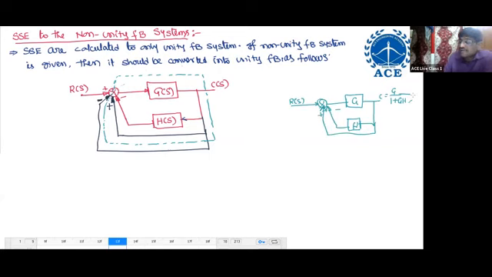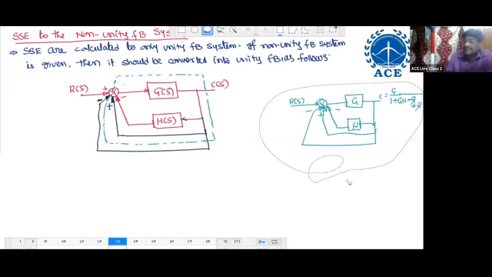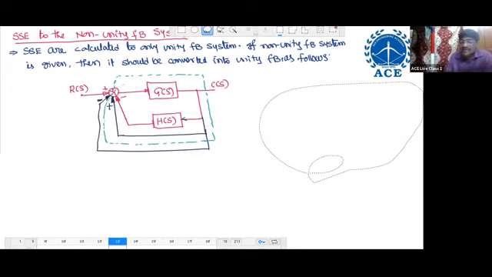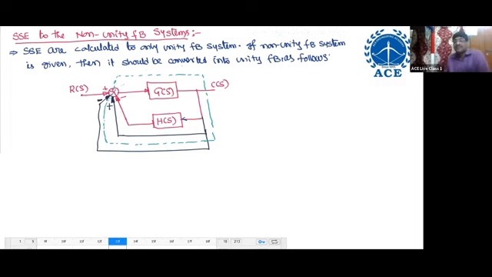Numerator term is G. One more negative feedback, if you add it, opposite sign means plus, numerator term as it is, G. G cancels. What you are getting? G by 1 plus GH. That means the output is not going to change. By adding one positive and one negative feedback, the output does not change. So that's why we are adding one positive and one negative feedback.